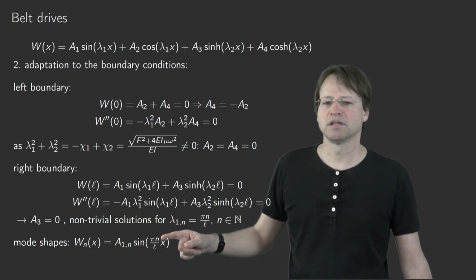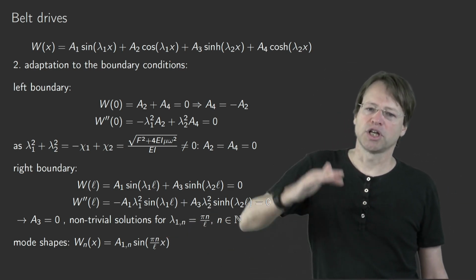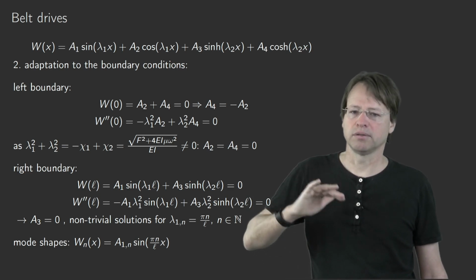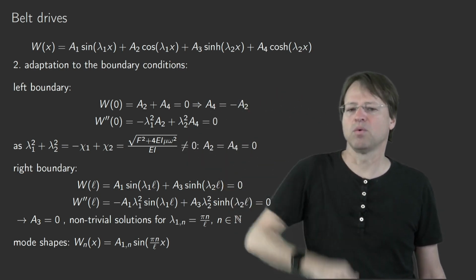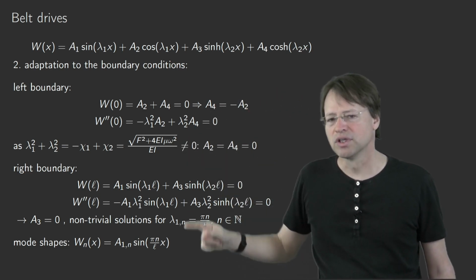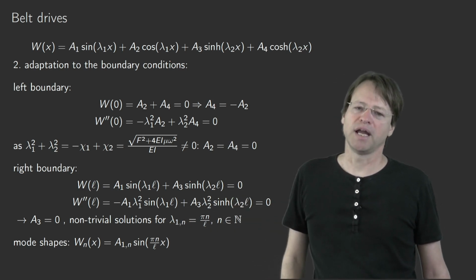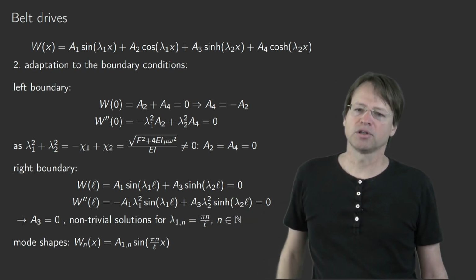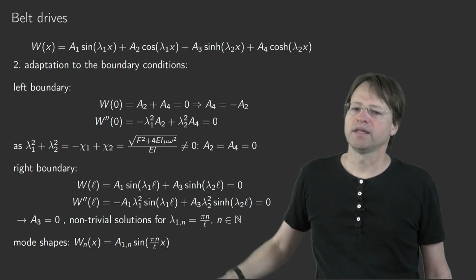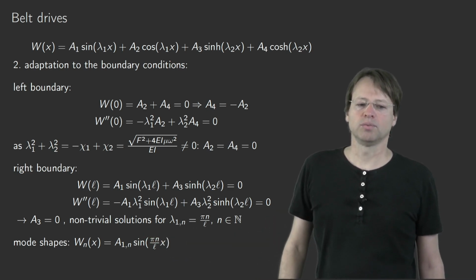You see that this sine function could have just one bow, and then you could have several bows depending on the number n, a natural number. And then there is a constant to be determined.